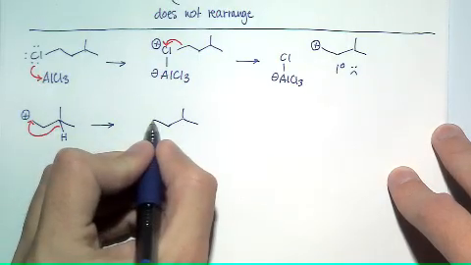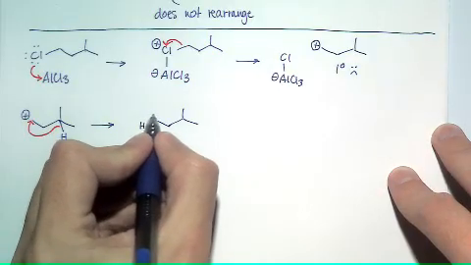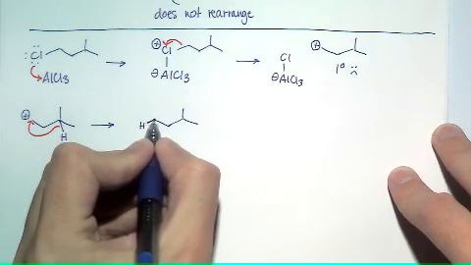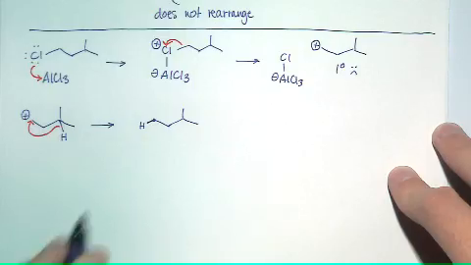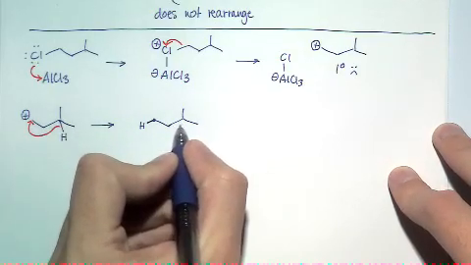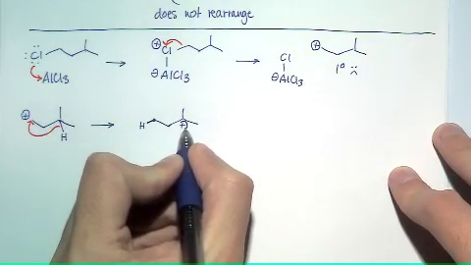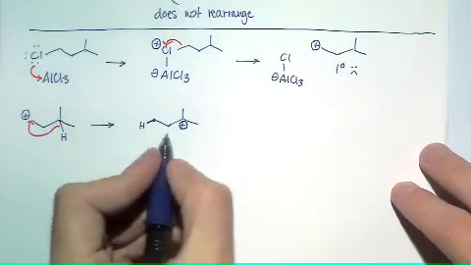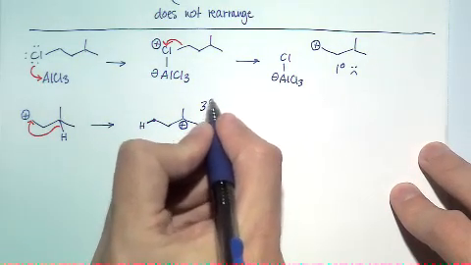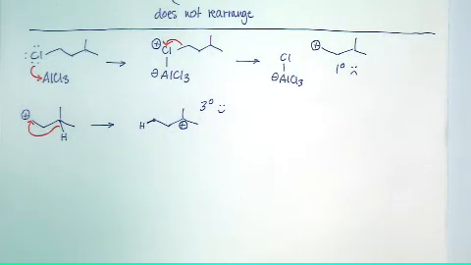And so now we've made a CH bond there. And so this carbon is happy, it's got an octet, but then this carbon has had something removed from it, and so now it's got a positive charge. So this is tertiary, which is good.